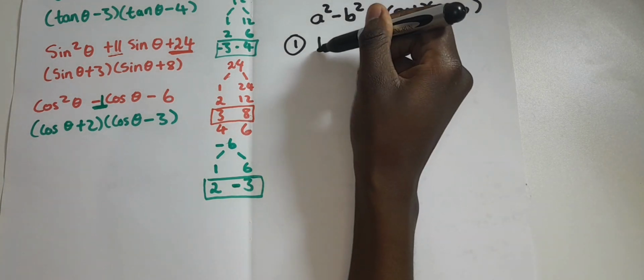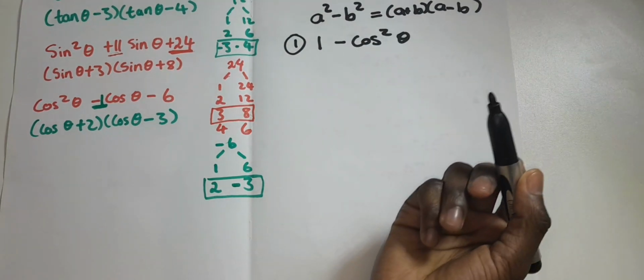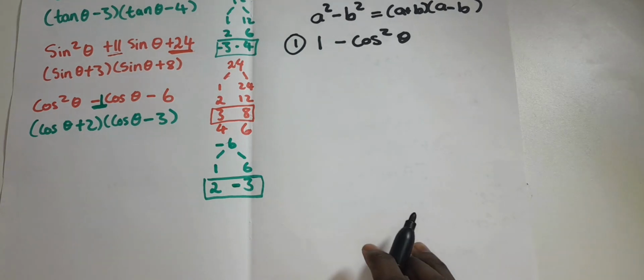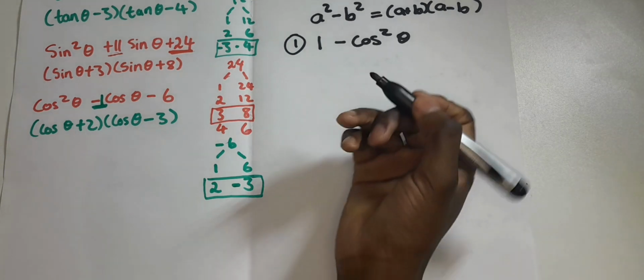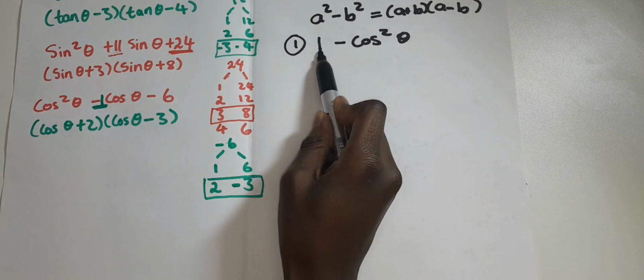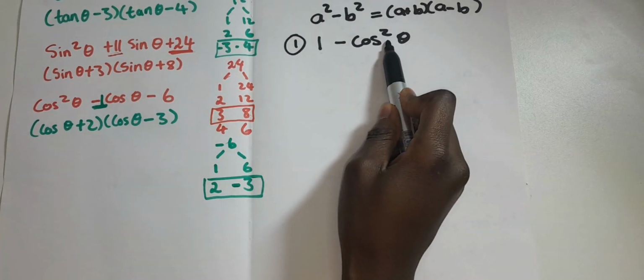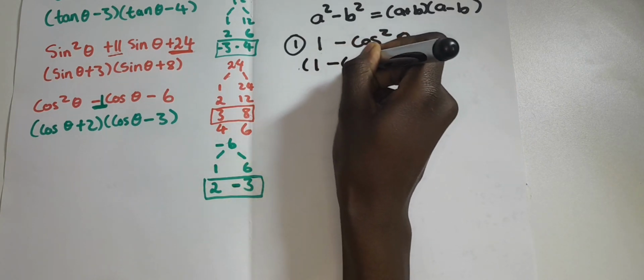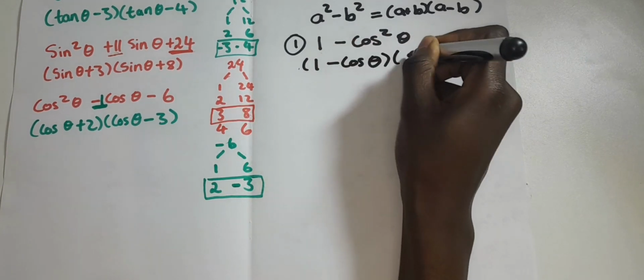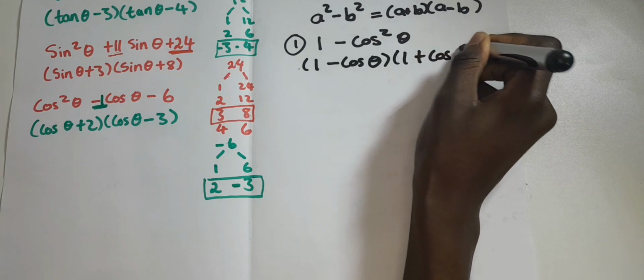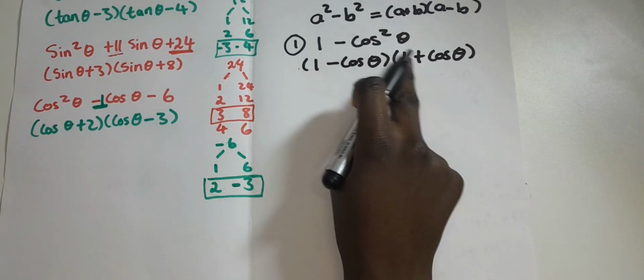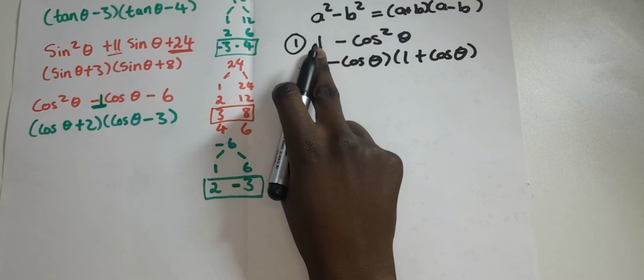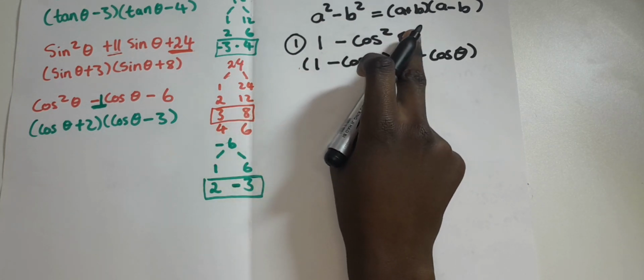Because 1 is a perfect square, a perfect cube, or any other perfect thing you can think of. 1 is very special. So 1 is a perfect square, cos squared theta is a perfect square. Therefore, you can have 1 minus cos theta and then 1 plus cos theta. When you distribute everything here, you'd get 1 minus cos squared theta.